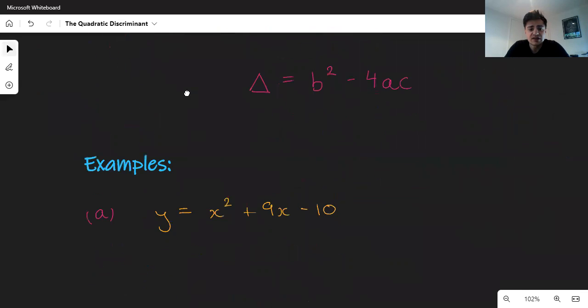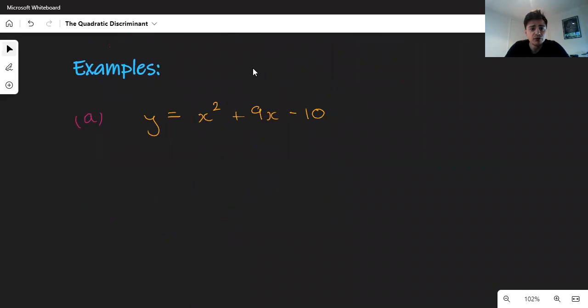So it's really just a simple matter of putting the numbers into the discriminant formula. So for this equation here, we want to know how many x-intercepts there are. So I'll take the discriminant formula, b squared minus 4ac.